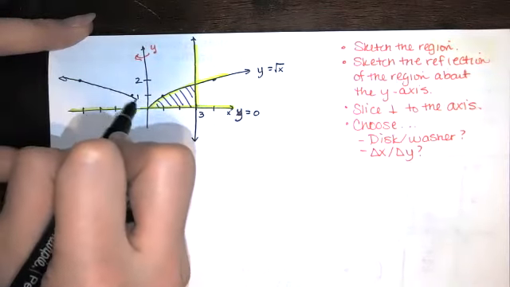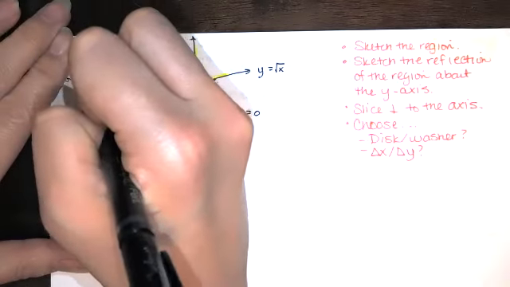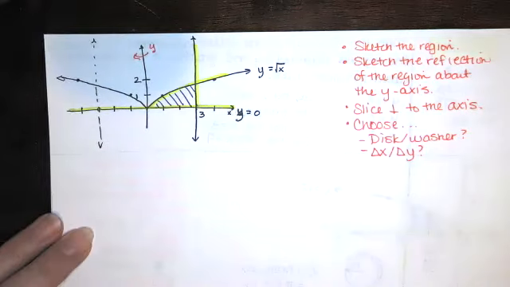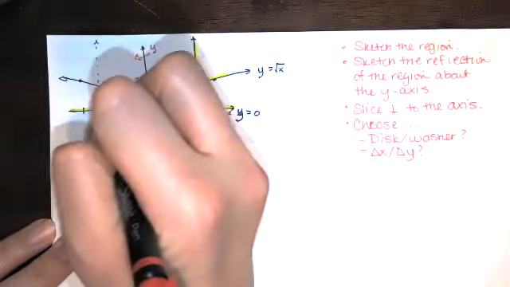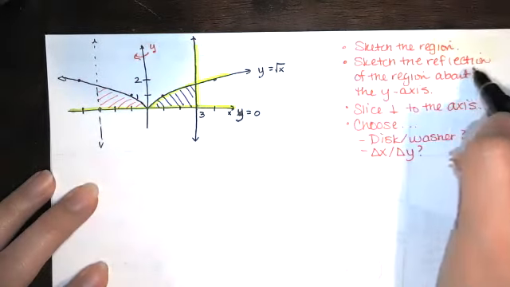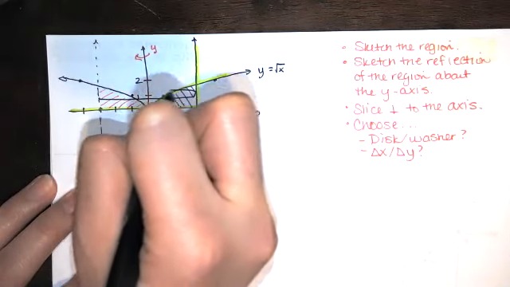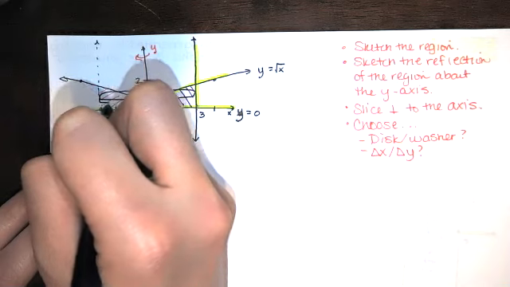Okay, so what we would see is approximately something like that in the reflection. When I take this and I revolve it like that, it'll look approximately like that. That's my sketch. And now I want to slice perpendicular to the axis.